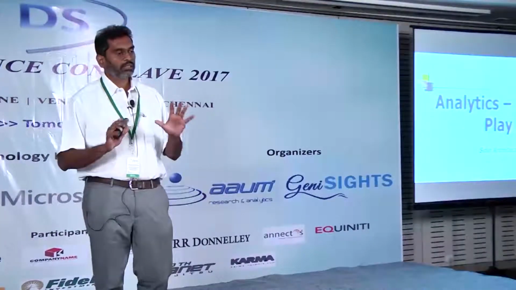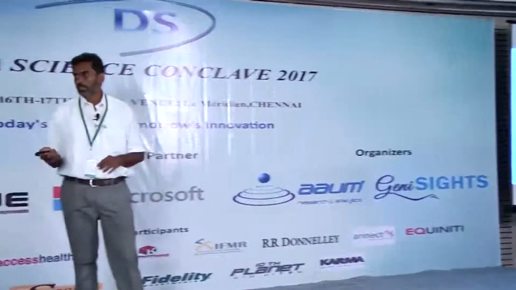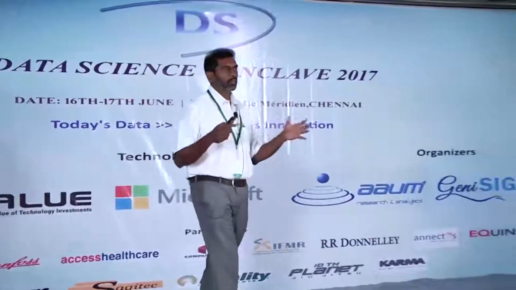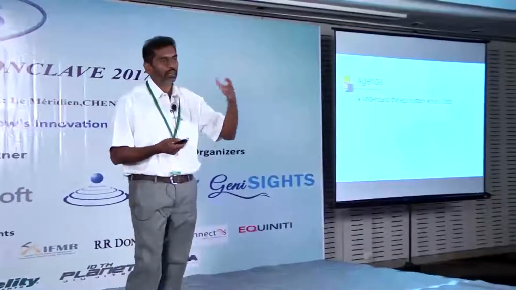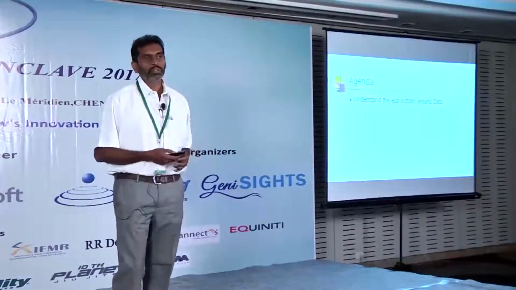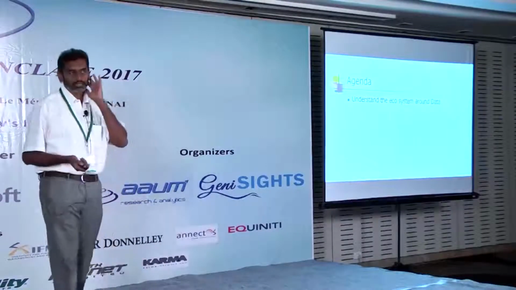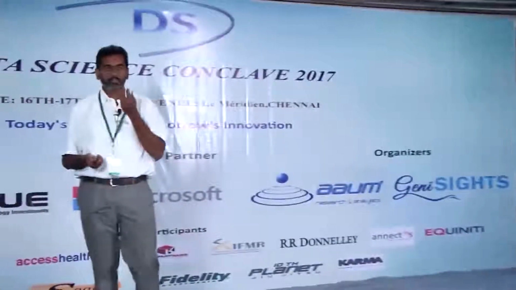So this talk, the objective: data is there, so what are all the different ecosystems around the data? We need to be aware of that, whether it is from the solution perspective or as a developer or as an architect. So try to understand the different ecosystems available. And the buzzword is the data scientist.